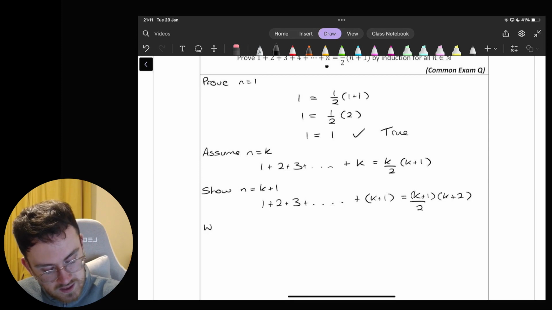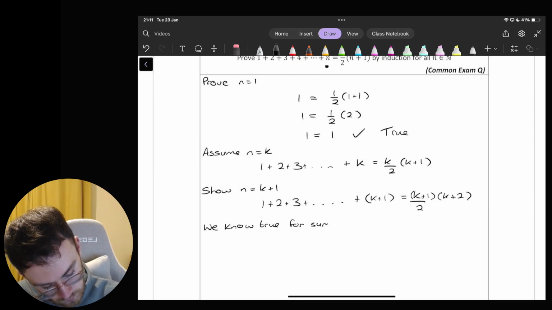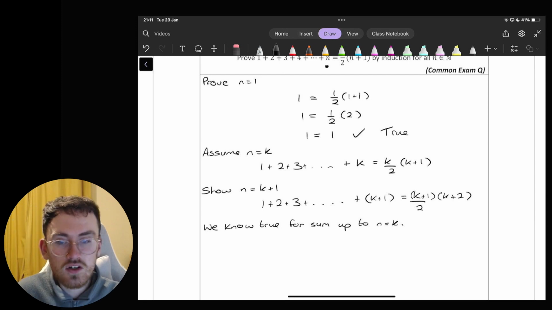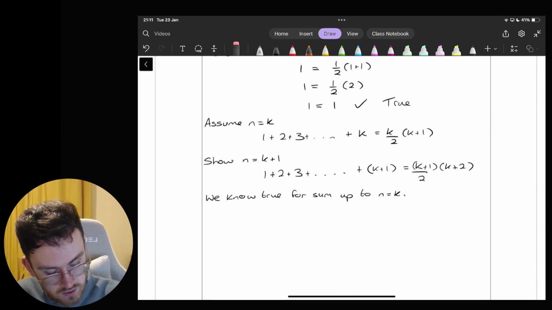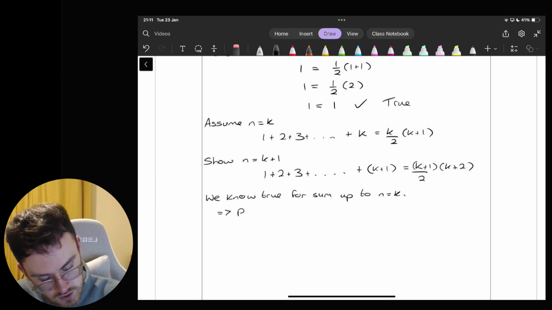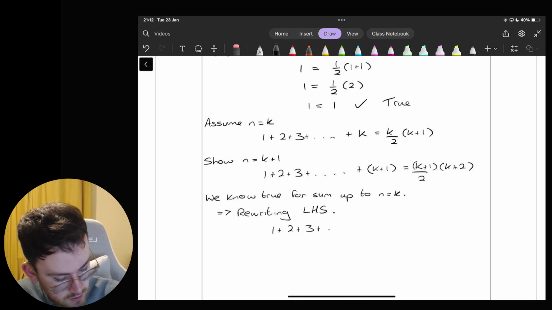Now, we already know that this is true for the sum up to k, because that was our assumption. So if we focus on rewriting the left-hand side, I can rewrite that sum as 1 plus 2 plus 3 plus, and the term before k plus 1 would be term k.